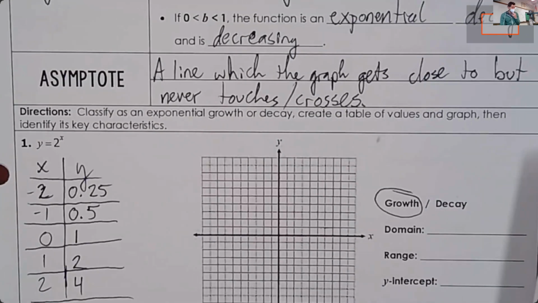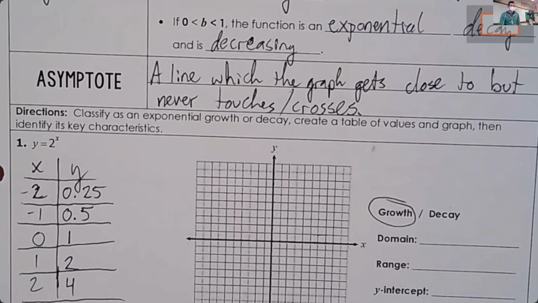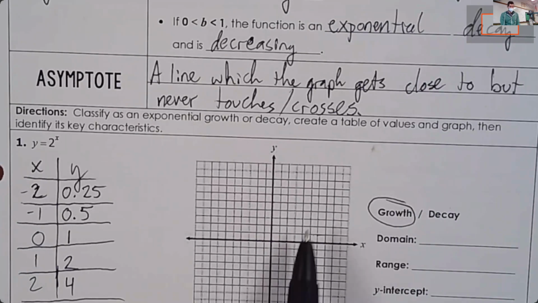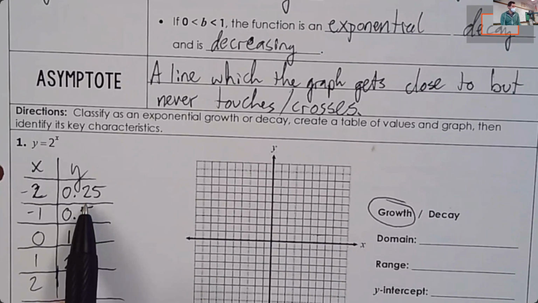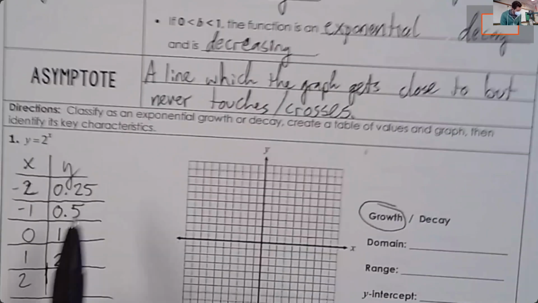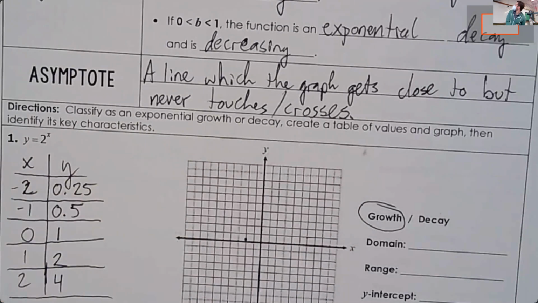And now we're going to graph these. A lot of this is going to be approximations when we're putting these points on our graph because these are whole numbers that we see on our graph here. So if we go to -2 on the x-axis and then up 0.25, that'll be right about there.